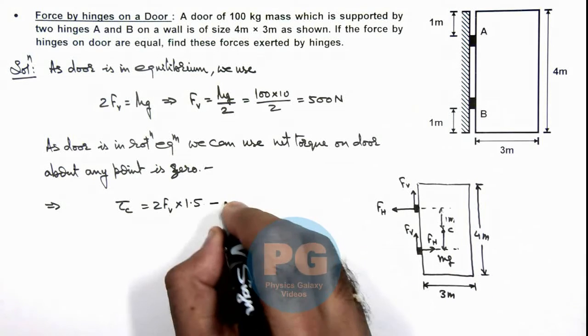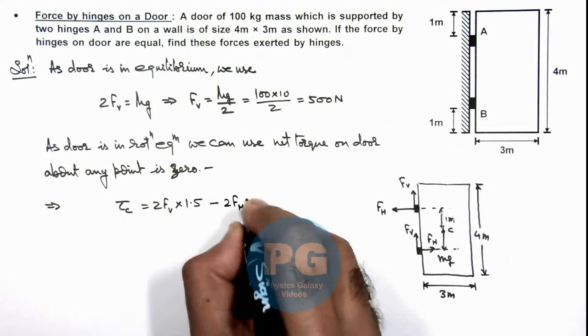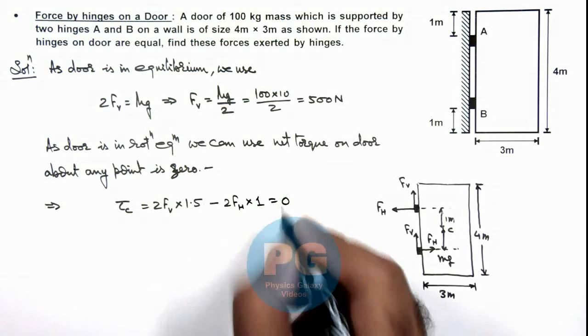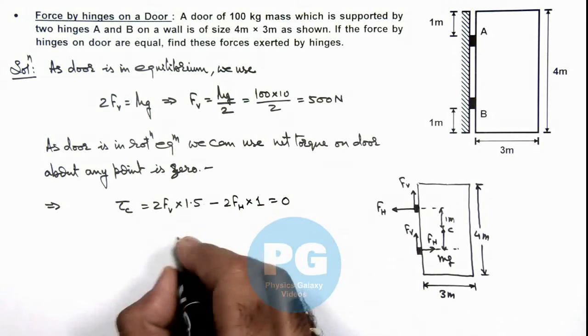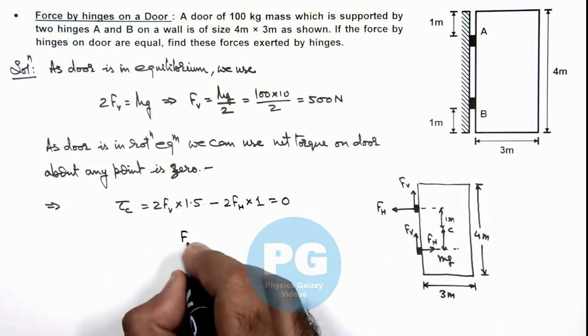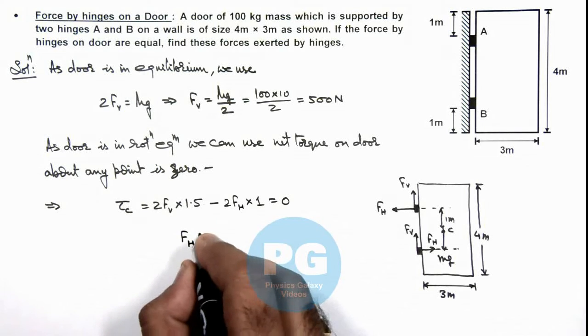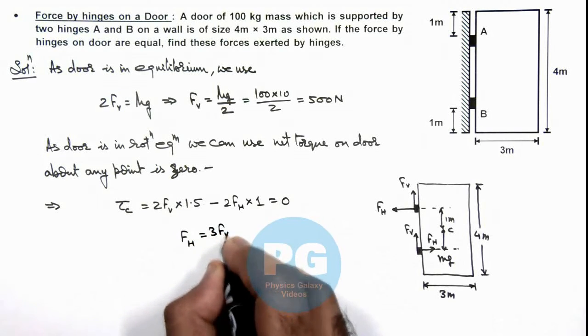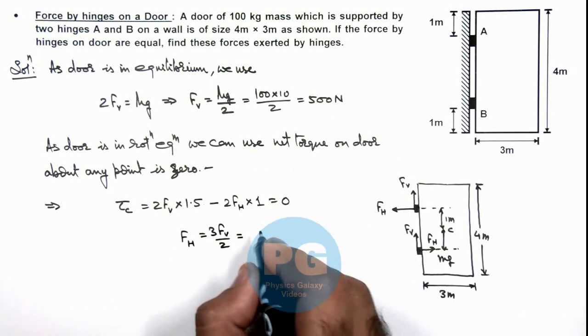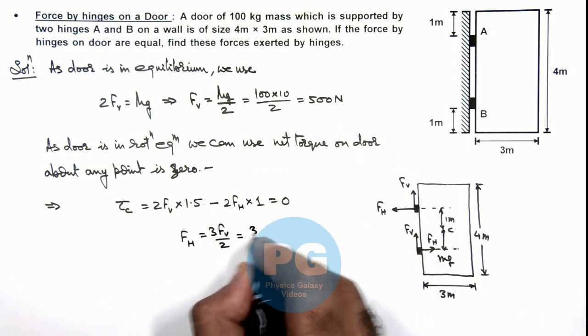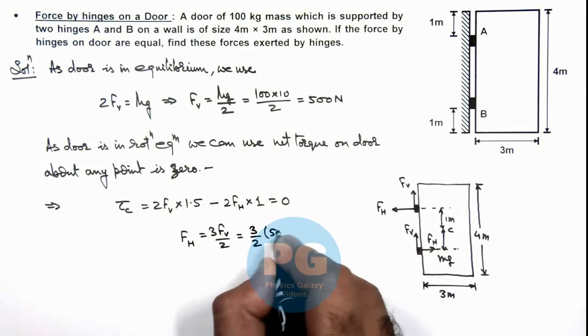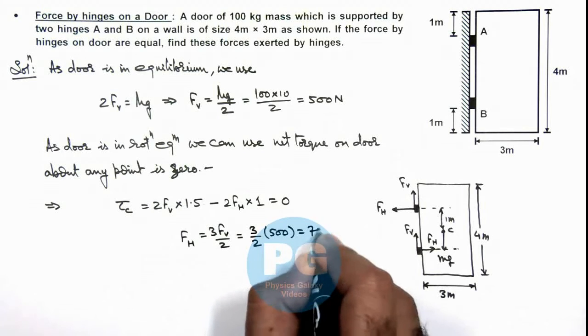So this can be written as 2FH multiplied by 1, and this should be equal to 0. So on solving, this gives us the value of FH is equal to 3FV by 2. And if we substitute FV as 500 Newton, this will be 3 by 2 multiplied by 500, that is 750 Newton.